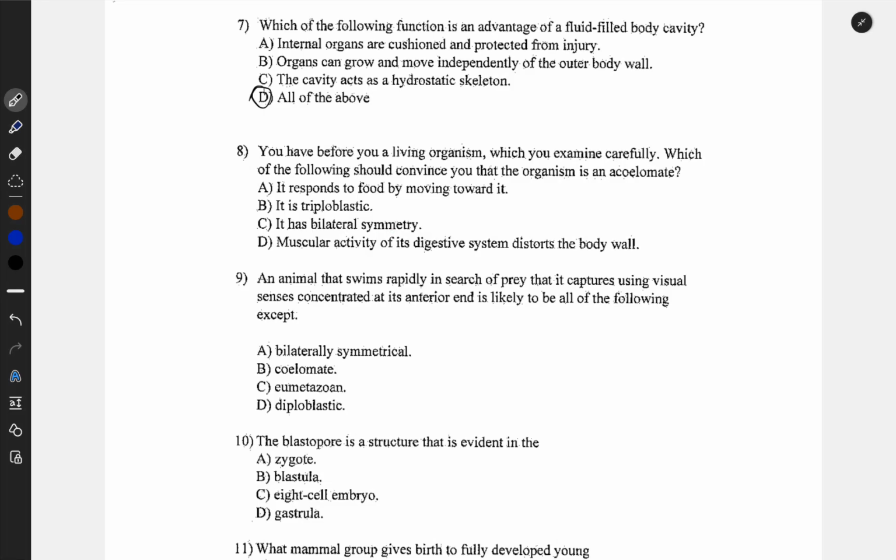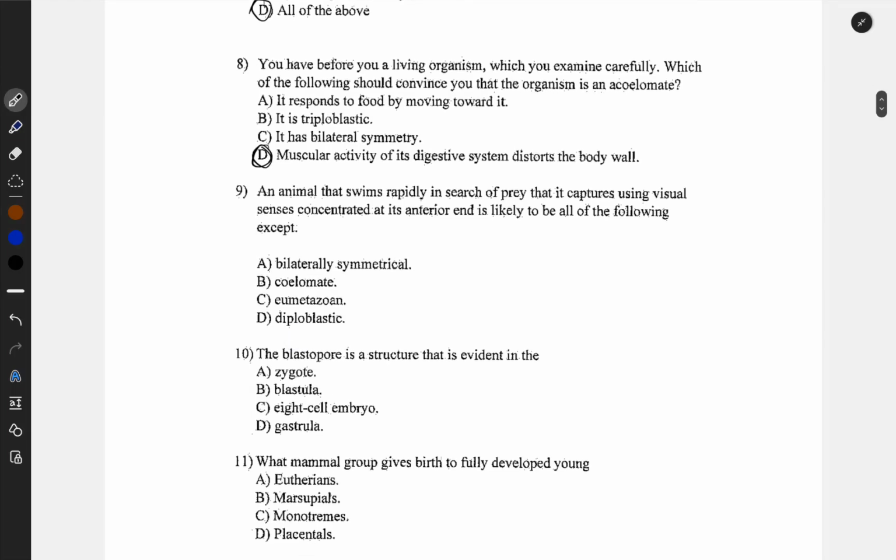It has bilateral symmetry? No. Muscular activity of its digestive system distorts the body wall? Yes, because it has no space. So what is happening in the gut will get all the way to the wall because the body is stuck. It's a solid. It's one thing. So if one part moves, the whole thing will feel it, because there is no space there.